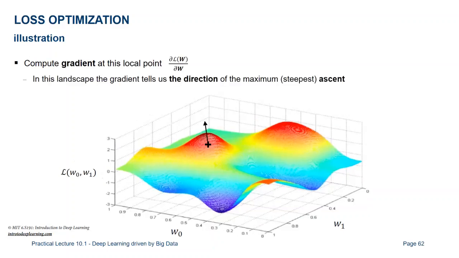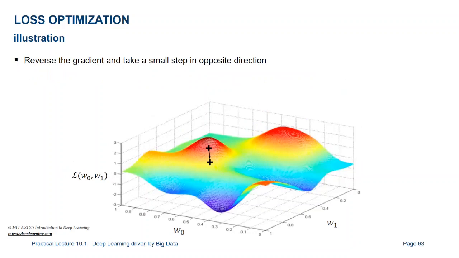What we will do is compute the so-called gradients. So we compute the gradient at this local point. In this landscape, the gradient tells us the direction of the maximum, where the loss grows, right? So what we need to do is take the opposite direction, so we are sure that we are walking down the hill.